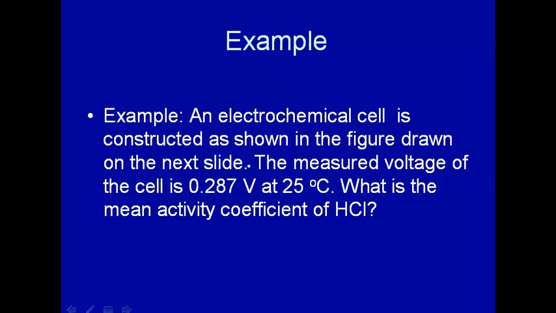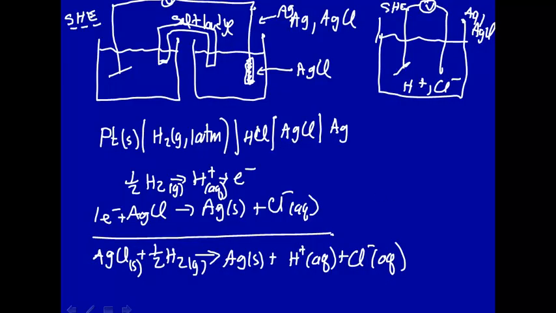Okay, so, I forgot to say what the concentration is. So the concentration of HCl in this slide is 0.10 molar. Okay, so typically what you do when you're drawing this, and actually let me just go ahead and redraw this.